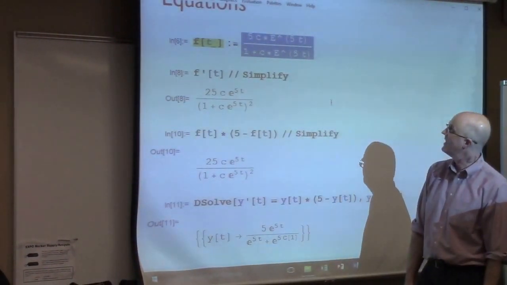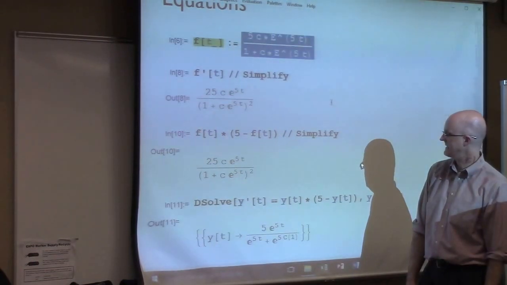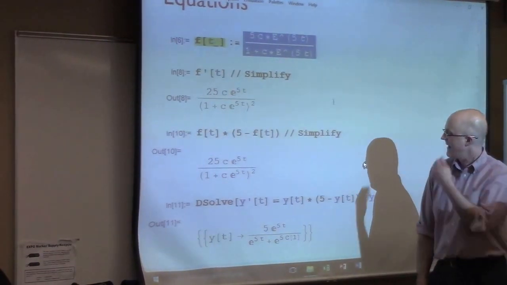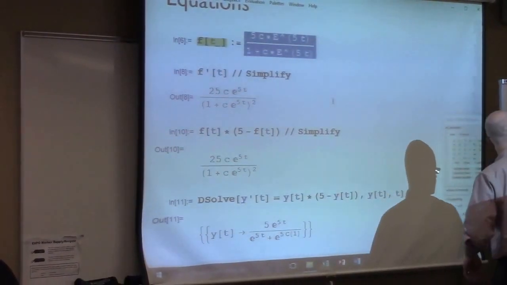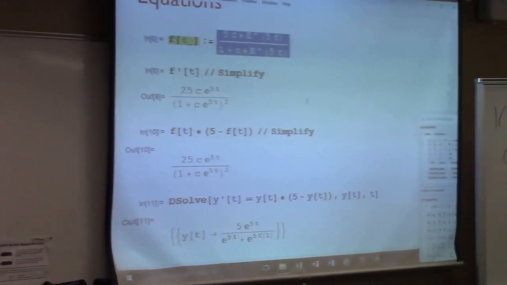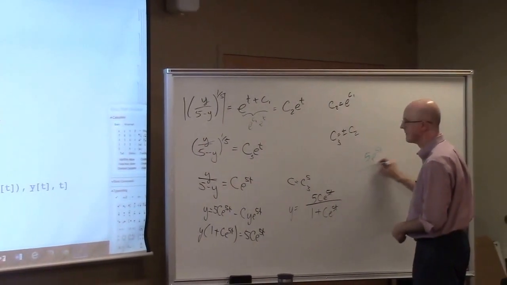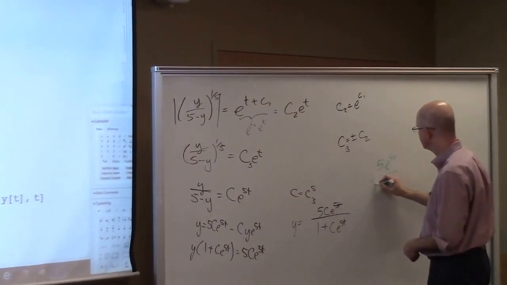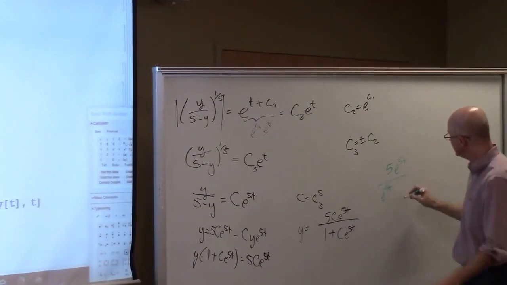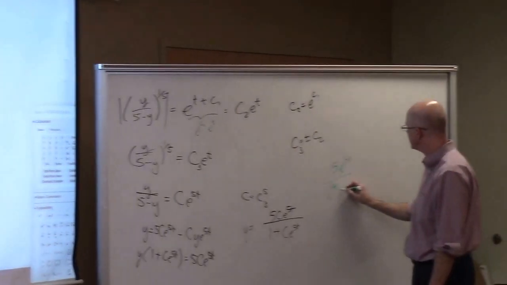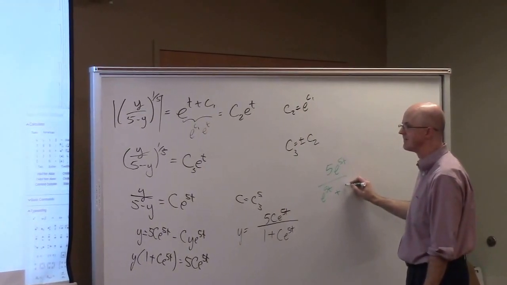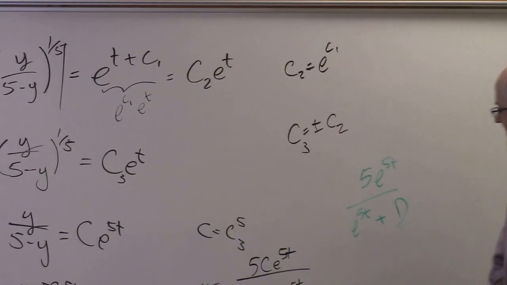Could I do some algebraic manipulations to make these equivalent? Let's see. If I think of this e to the c1 as a c, maybe I should call it d. Okay, I'll call it capital D just for something different. So Mathematica is writing the answer like that.